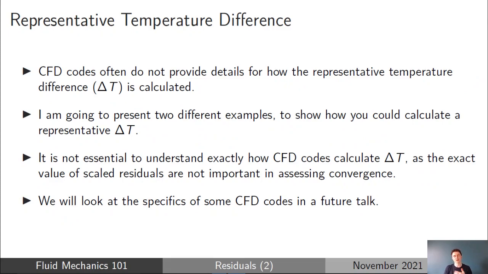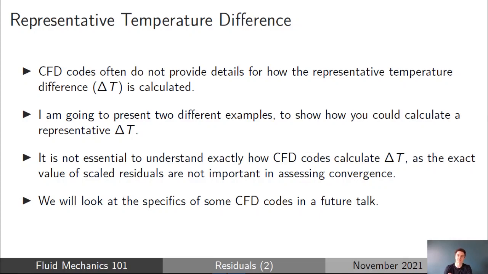So we don't actually know how the representative temperature difference is calculated, but for us that's okay, because what we're trying to do as CFD users is just understand how the CFD code works. Most often we're not trying to code our own CFD code, and so we don't need to know exactly how to do this.